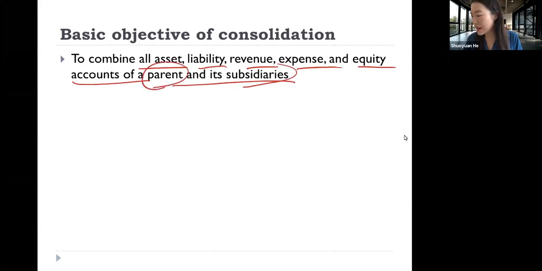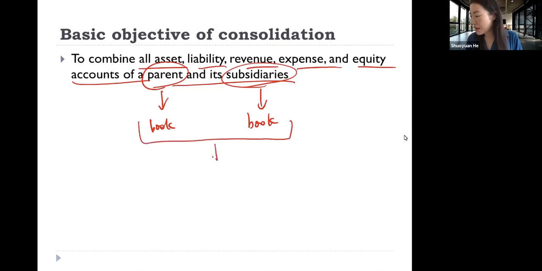The parent keeps its books, and the subsidiary keeps its own. At the end of the financial reporting period, we need to combine those two so that we can report to external investors as a whole. That is the basic objective of consolidation: just to combine.